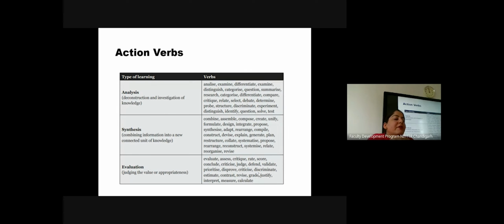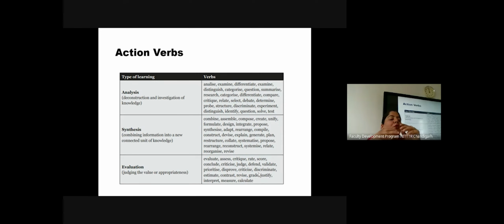Evaluation, judging the value or appropriateness: evaluate, judge, defend, validate, prioritize, disapprove, revise, grade, justify, interpret, measure, and calculate. So there are many action verbs that are interchangeable.